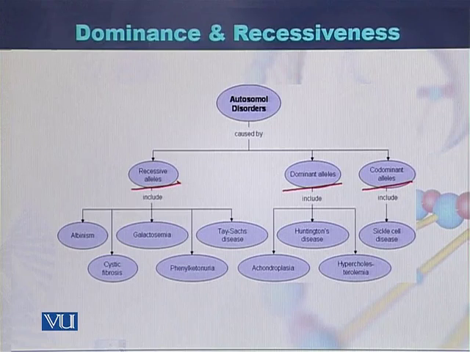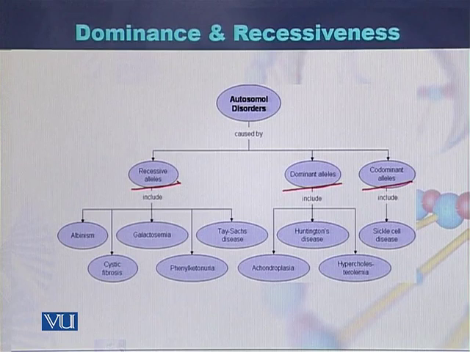And if the disease is due to a dominant allele, or the pattern is autosomal dominant, then they are called autosomal dominant disorders or autosomal dominant diseases. While if there is codominance between the alleles, meaning both alleles express in the individual who would be called heterozygous, such a phenomenon is called codominant alleles.